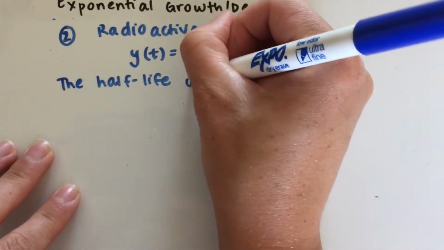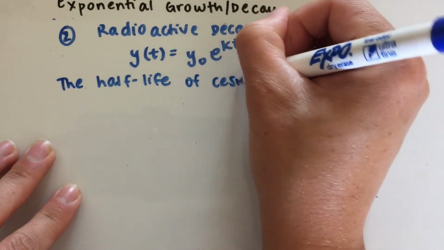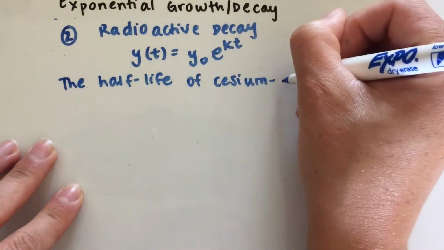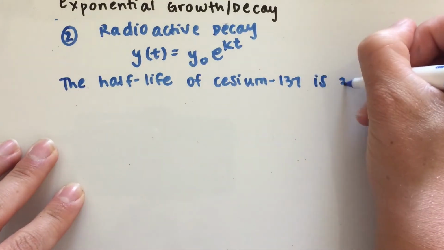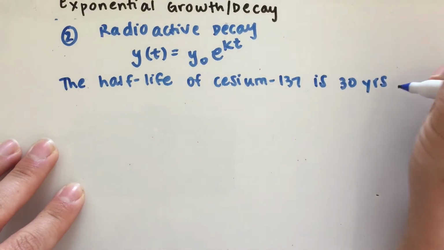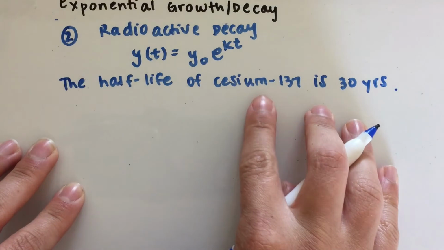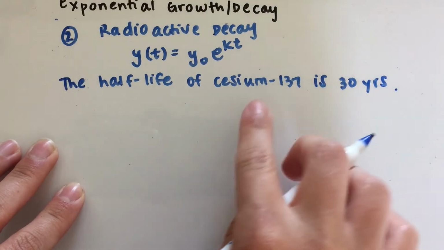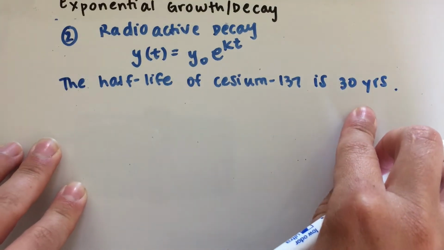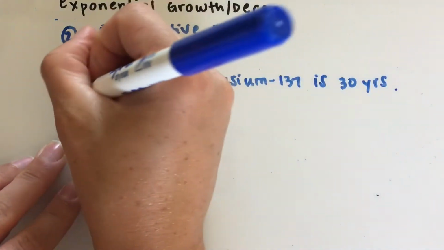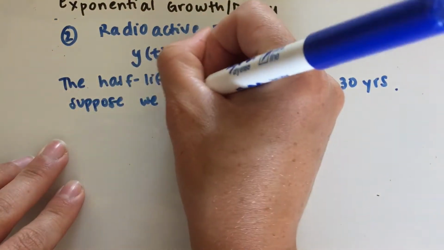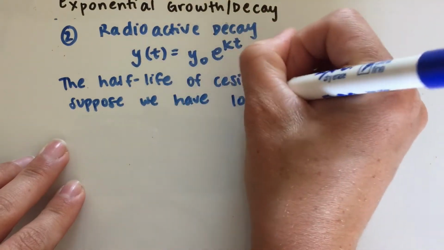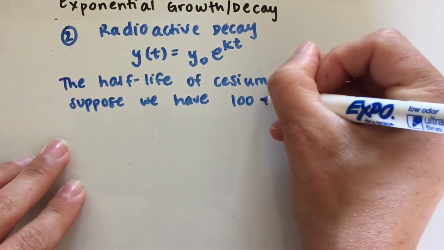The half-life of cesium-137 is 30 years, which basically just means that this substance will reduce to half of its size after 30 years. And suppose we start off with a 100 milligram sample.